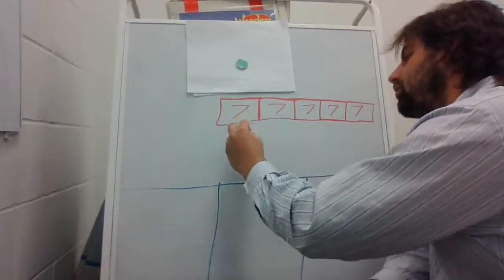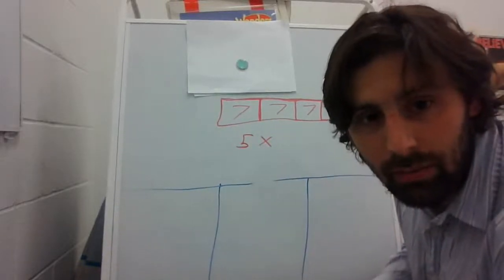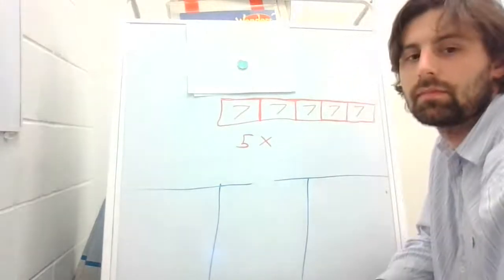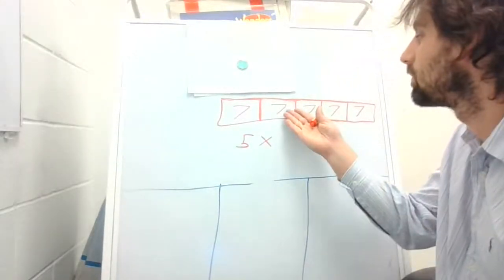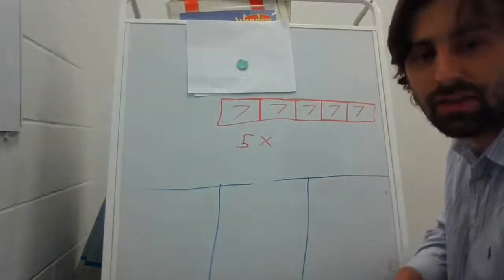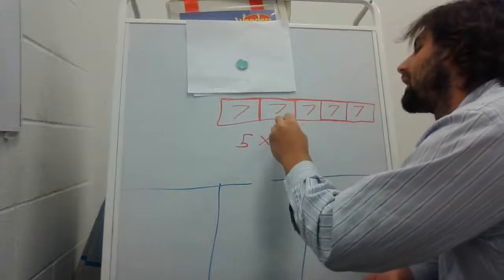So we have 5 groups. And what number is in each group? 7. The number 7 is in each group. So the multiplication problem is 5 times 7.